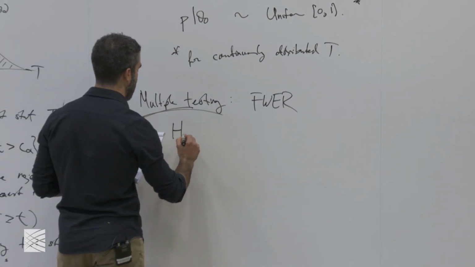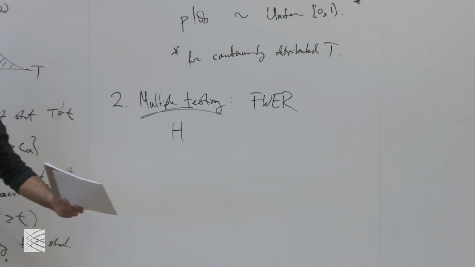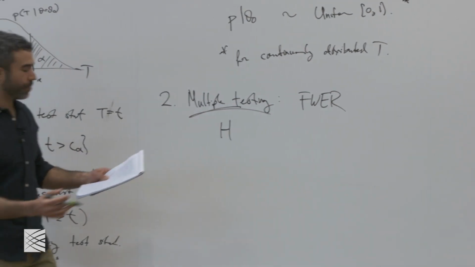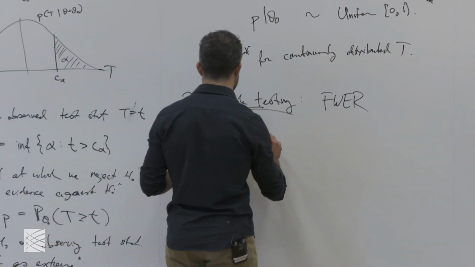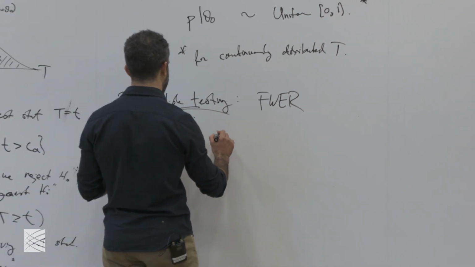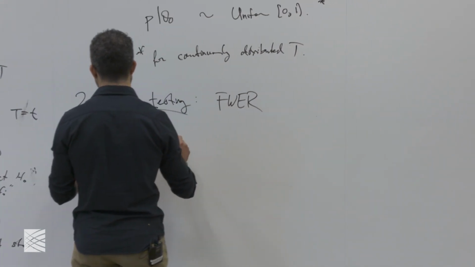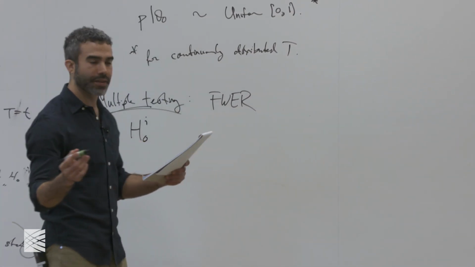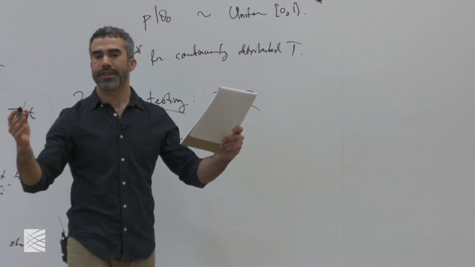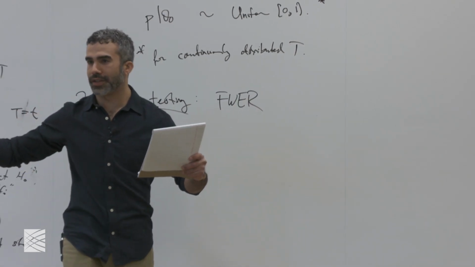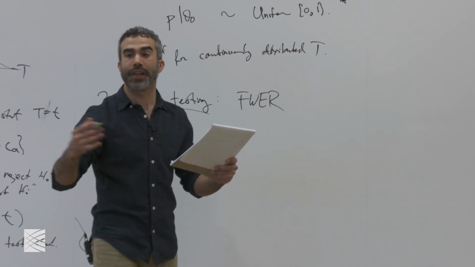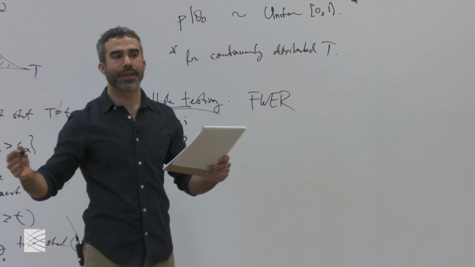But we're testing not one hypothesis, but multiple hypotheses. Okay, we have a whole bunch of hypotheses, and it's almost semantic how you think of this. You could think of it as many hypotheses on the same data set, or maybe you have one hypothesis that you're testing on many repetitions of an experiment, or slightly different data sets. It doesn't matter.